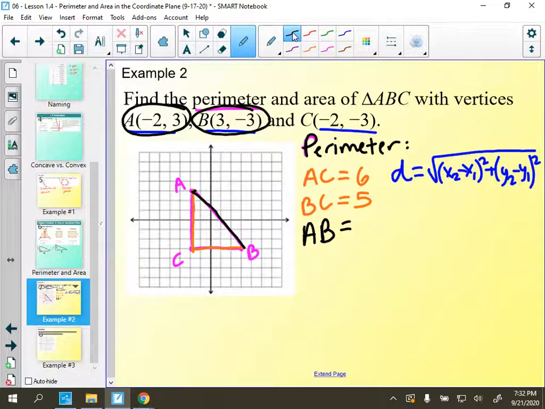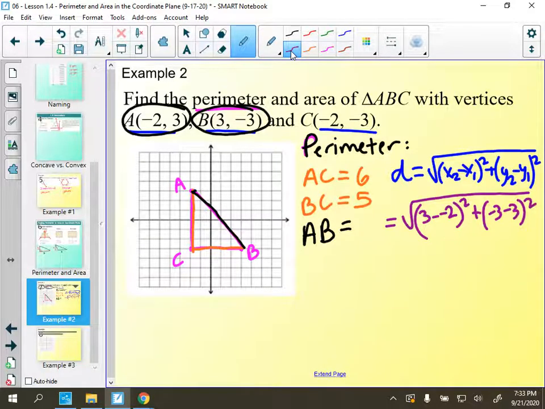All right, so I'll go a little bit quicker here with our distance formula. If you need to review, go back and watch the lesson 1.3 notes. So we're going to go x2 minus x1, so 3 minus -2, squared, and then -3 minus 3 squared with my y2 minus y1. This ends up being 5 squared here.